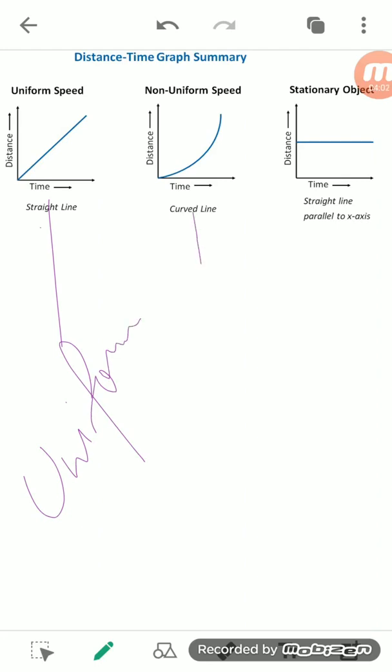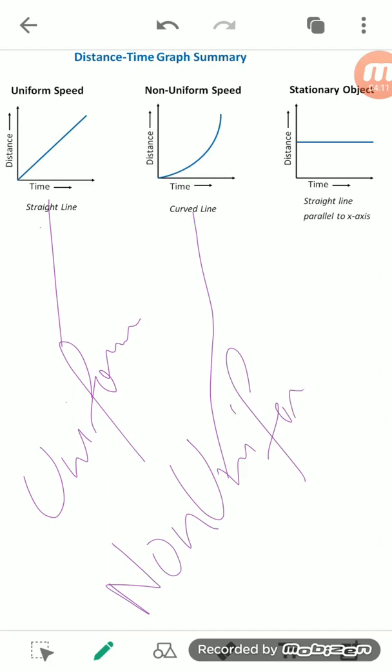If the distance time graph is a curved line, then the speed is non-uniform. And if the distance time graph is a straight line parallel to the x-axis, then the object is at rest, or it is constant.